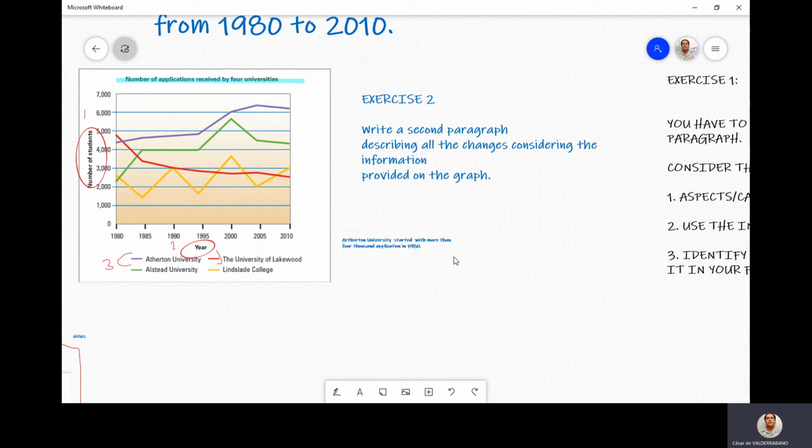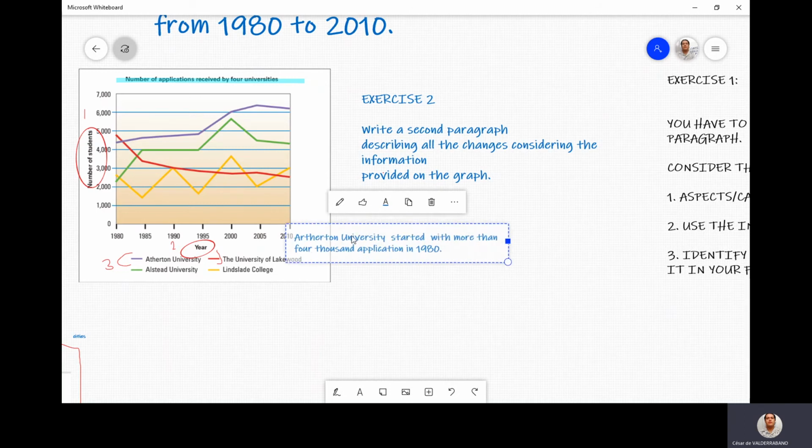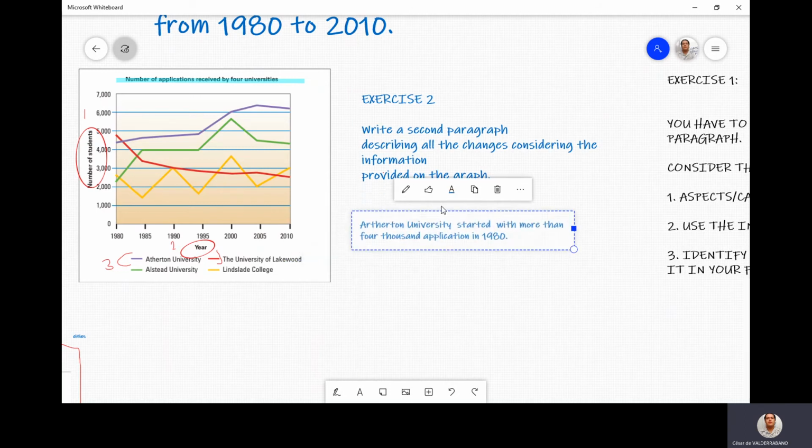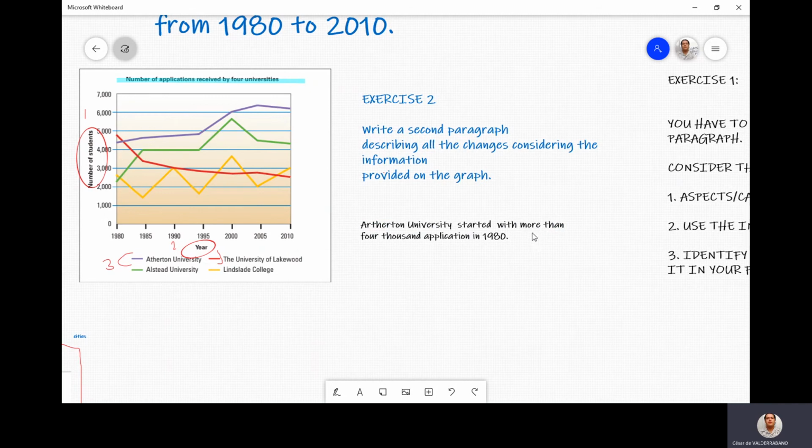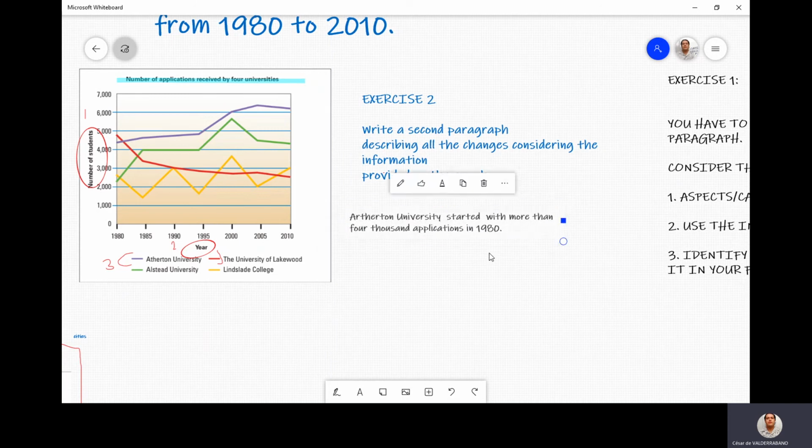Okay, so we can start like this: Atherton University started with more than 4,000 applications in 1980.